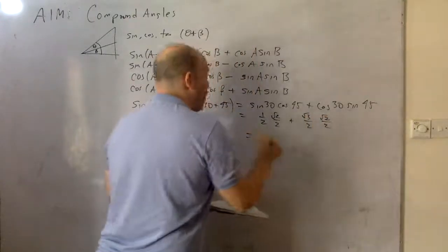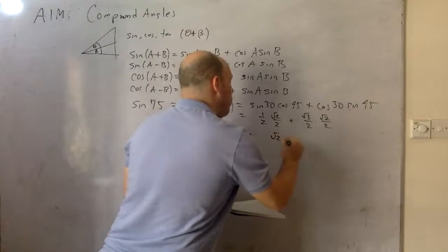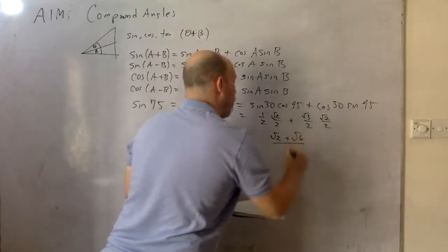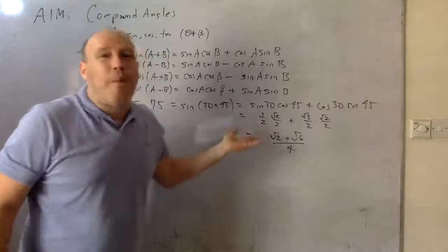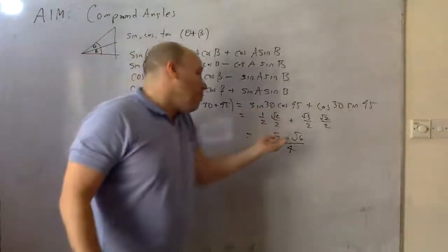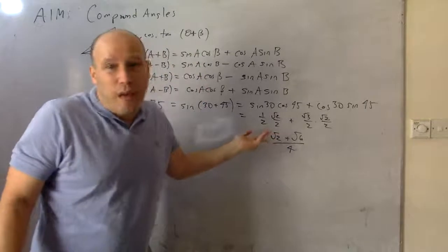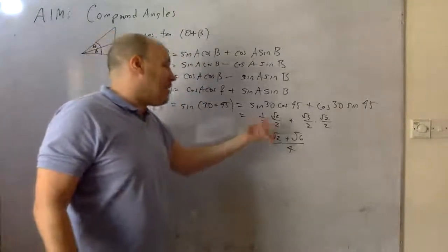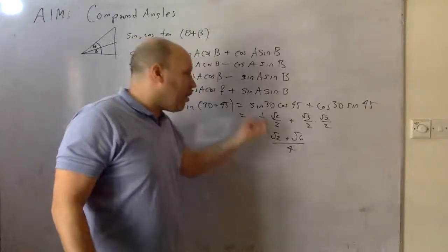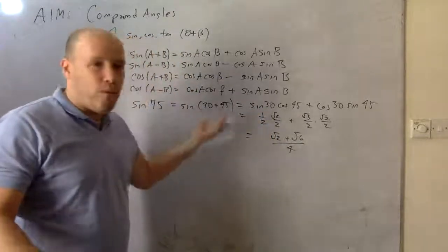And we get the answer, kind of interesting, radical 2 plus radical 6 over 4. It's a weird answer. It would be like a part 1 question where you'd have to know this. Once again, this is an irrational number. This is that exact number: radical 2 plus radical 6 divided by 4.